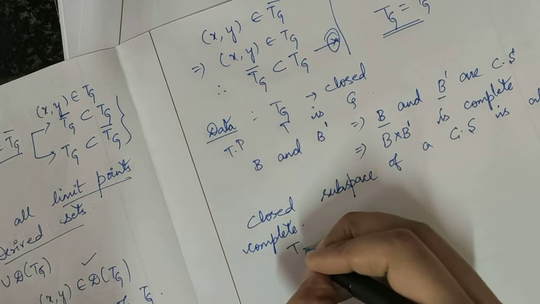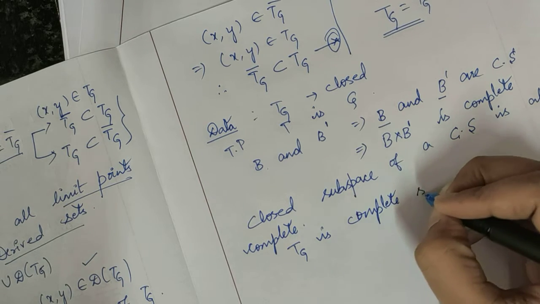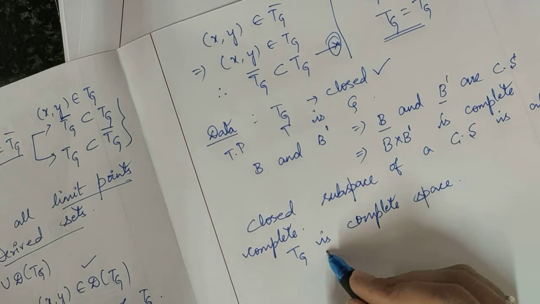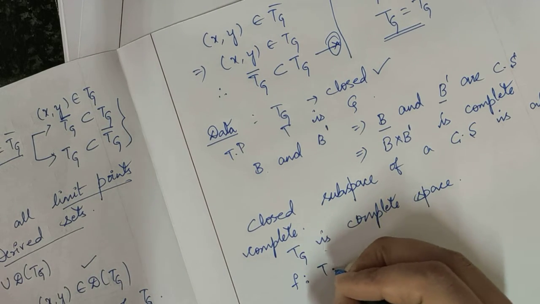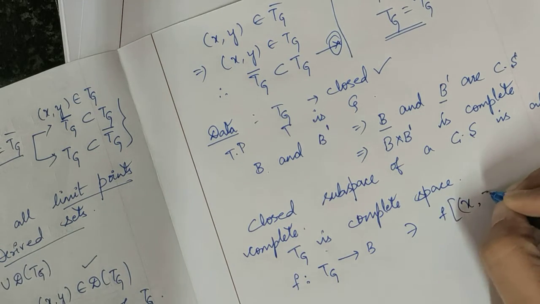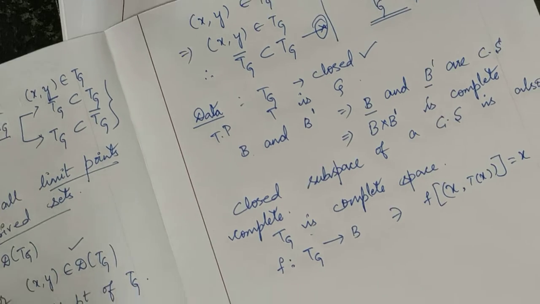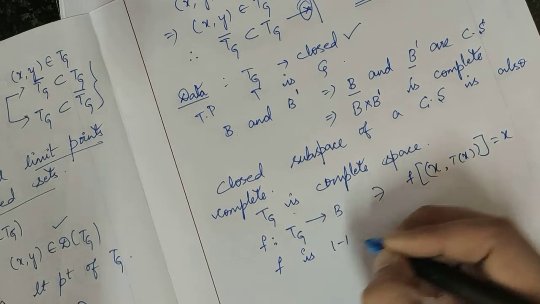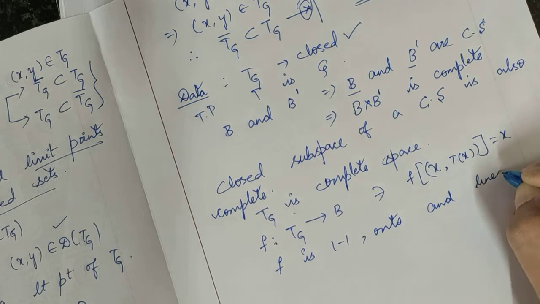So now that means TG is a complete space, because from the data we know that TG is closed, so using that I can say TG is also complete. Now let's define a mapping F from TG to B such that F of (x, T of x) is equal to x. If you observe this, you can directly say that F is one-one, onto and a linear map.